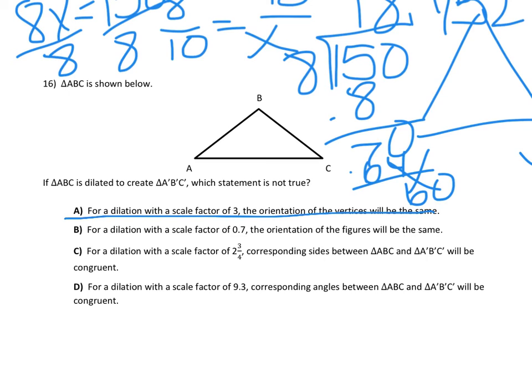Not true? Oh, that's not true. Right here, for a dilation with a scale factor of 2 3/4, the corresponding sides will be congruent. That's for sure not true. D is true. Orientation is the same, so C is the answer, right? Yeah. Perfect.